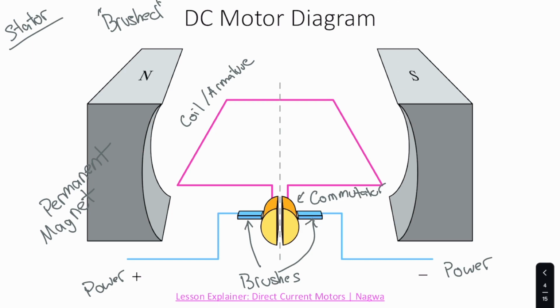And finally, the last part to point out is this dashed line here, which is indicating where the axle would reside. So in this case, the axle would be rotating either in this direction or in that direction, depending on the direction of the current passing through the coil.